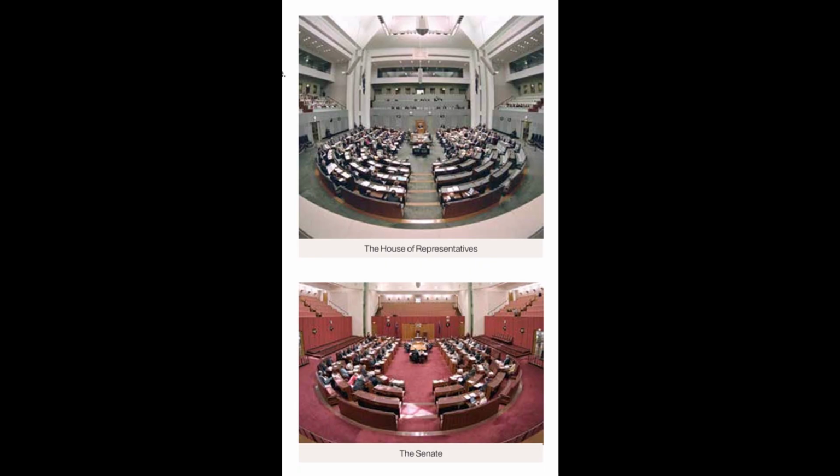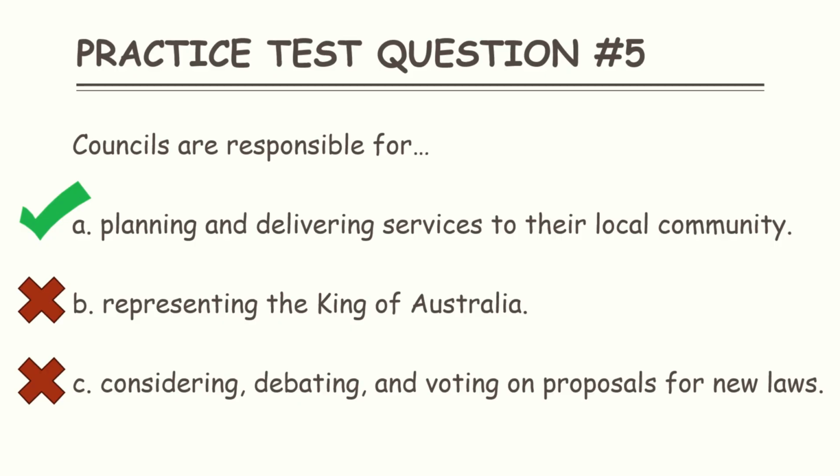Members of Parliament and senators debate proposals for new laws in the Australian Parliament, that is, the House of Representatives and the Senate. Answer A. Councils are responsible for planning and delivering services to their local community, is correct.